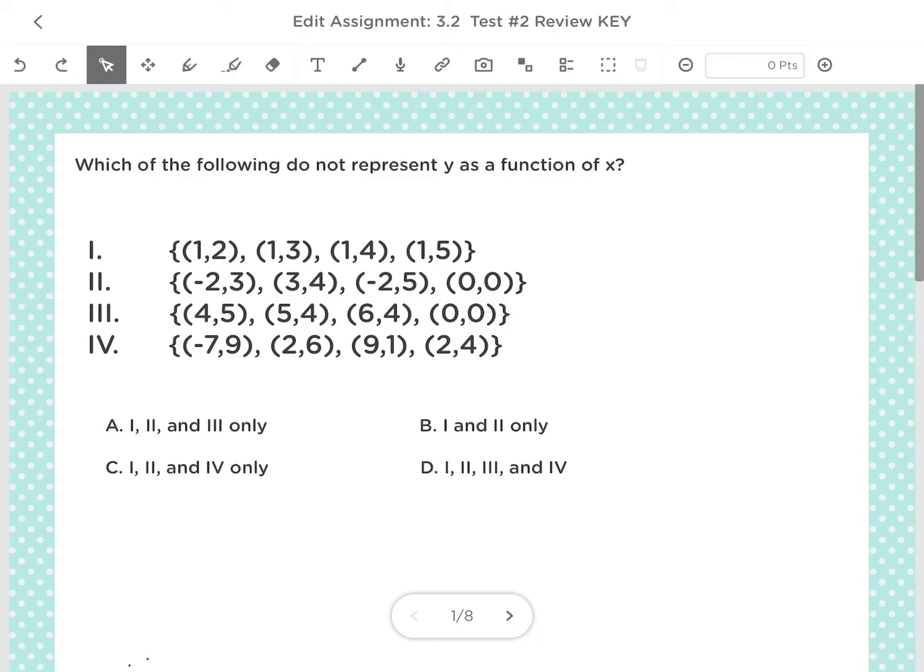So, question number 1 states, which of the following do not represent y as a function of x? What we need to see with our eyes is it says, do not represent y as a function of x, which means not a function.